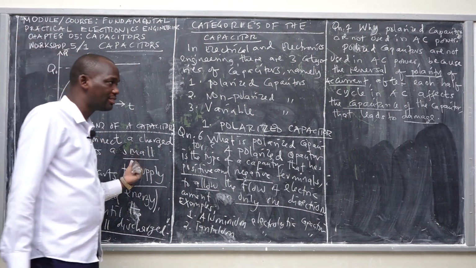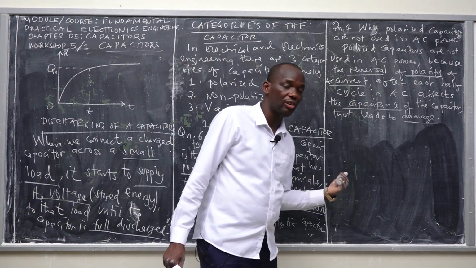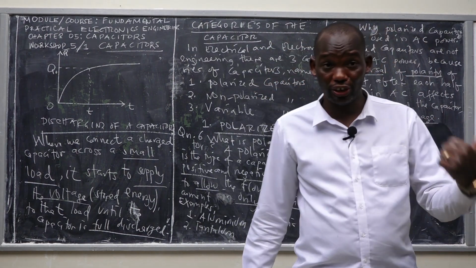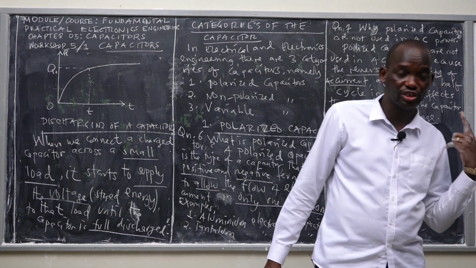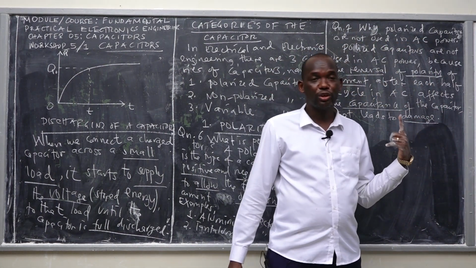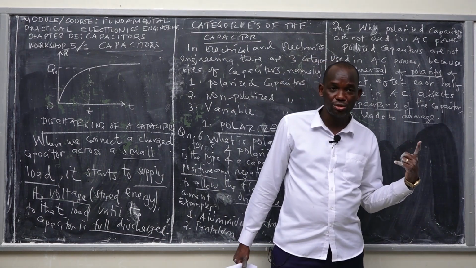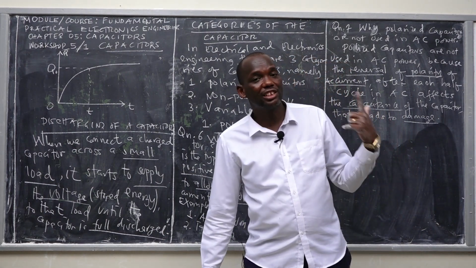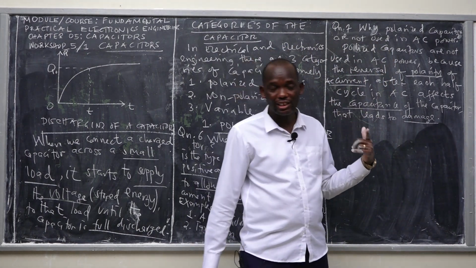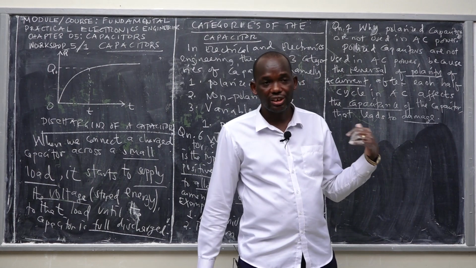Remember, what is capacitance? Capacitance is the ability of the capacitor to store charge, or capacitance is the measure. Remember that I gave you one definition, that capacitance is a property of a capacitor material, which is defined as the ratio of electric charge on the conductors to the potential difference.